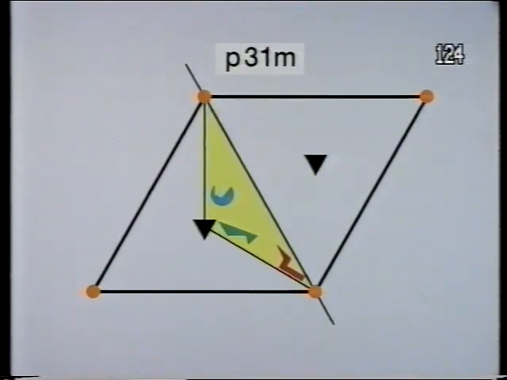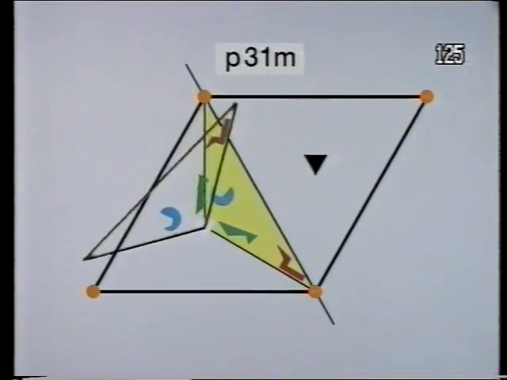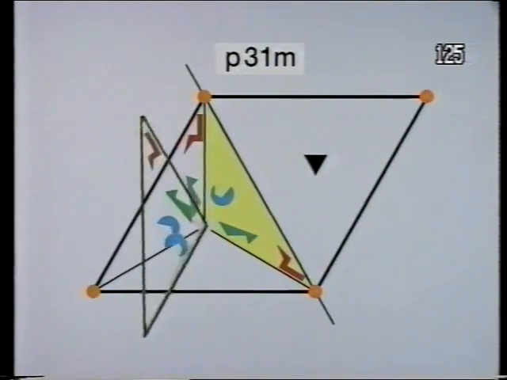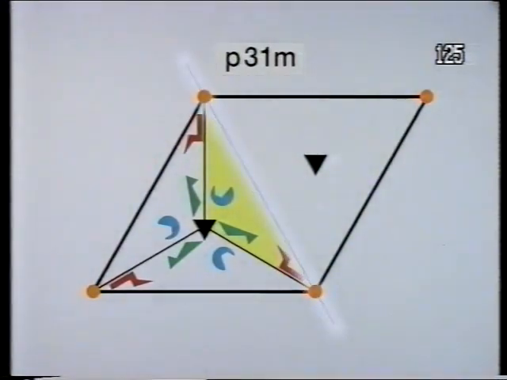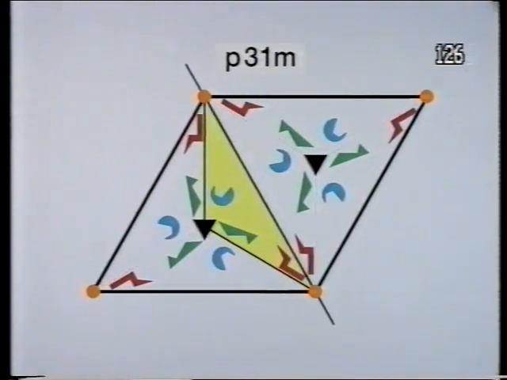So we're forced to use rotations to fill the basic parallelogram. And we complete the job with a final reflection in the short diagonal. And now we can use translations to fill the plane.